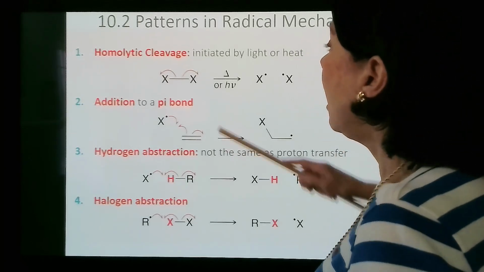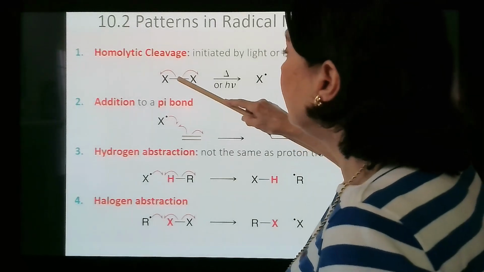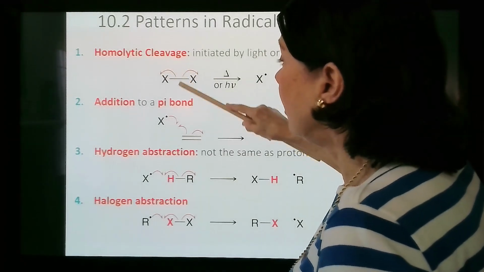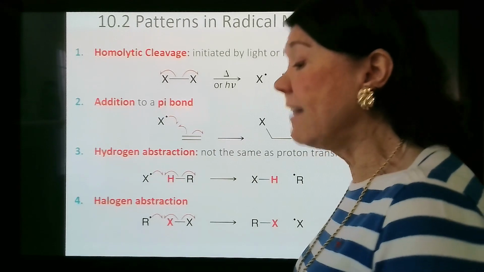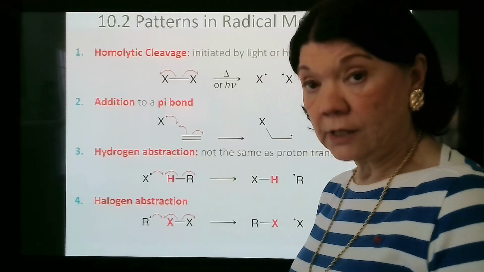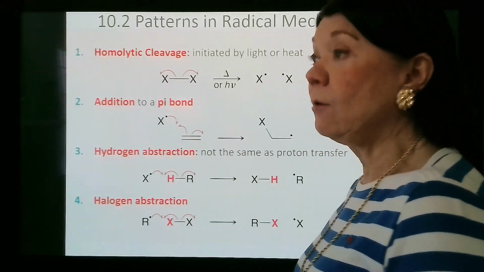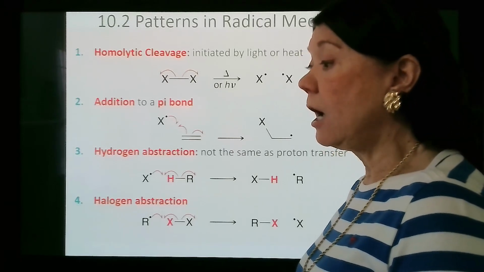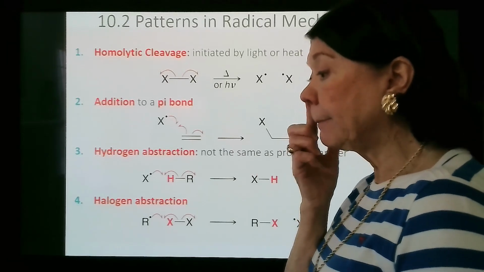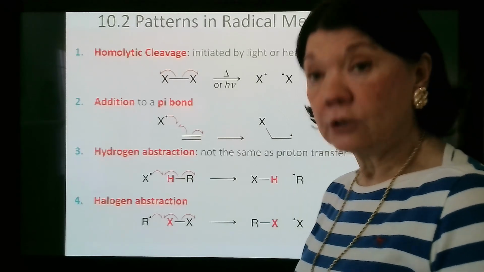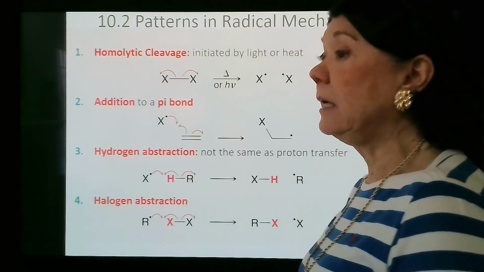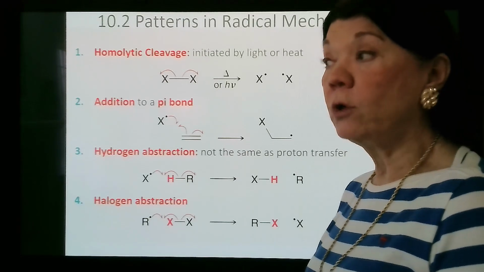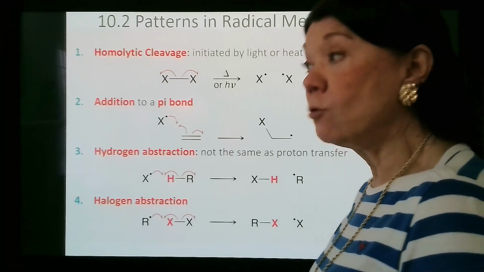And so this homolytic cleavage is very often the first step that you see in a radical chain mechanism. And I would say that most of the reactions that you're going to see that are radical reactions are going to be radical chain reactions.